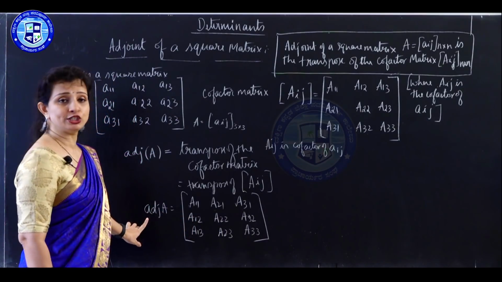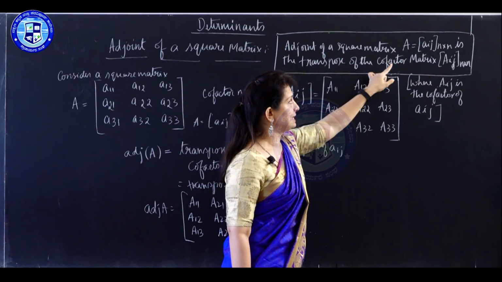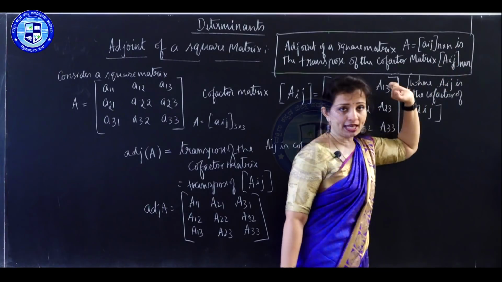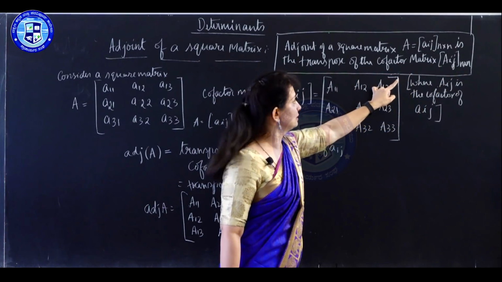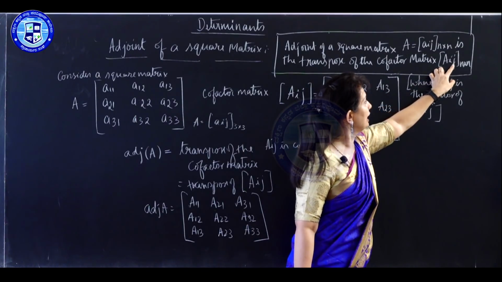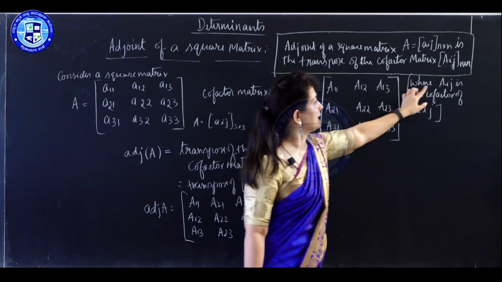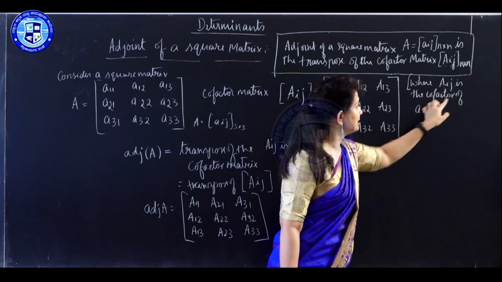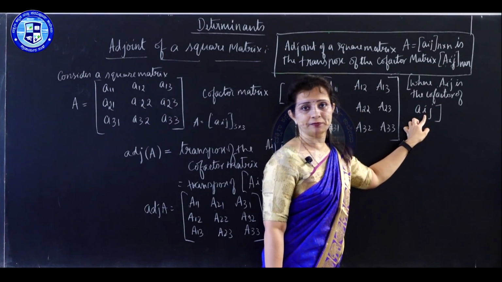So, what is the adjoint of A? How will you define the adjoint of A? The adjoint of a square matrix A equal to aij of order n cross n is the transpose of the cofactor matrix. What is the cofactor matrix? Aij of the same order, where this block letter Aij is the cofactor of the element aij of the matrix.